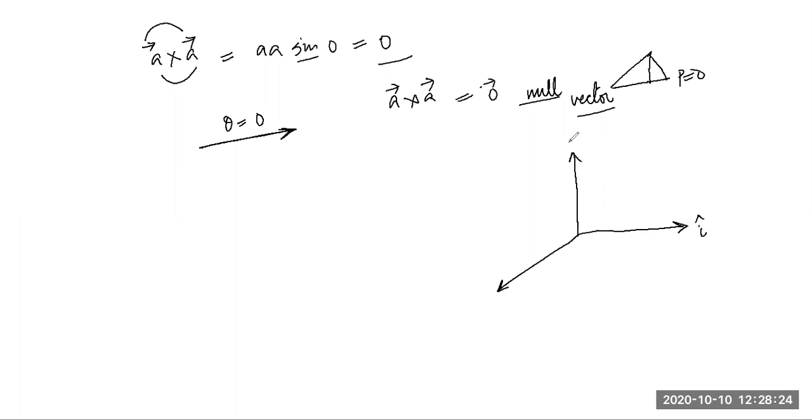Unit vector towards y-axis? J cap. Unit vector towards z-axis? K cap. All right. Now I want to define what will be I cap cross j cap. Can any student tell me?